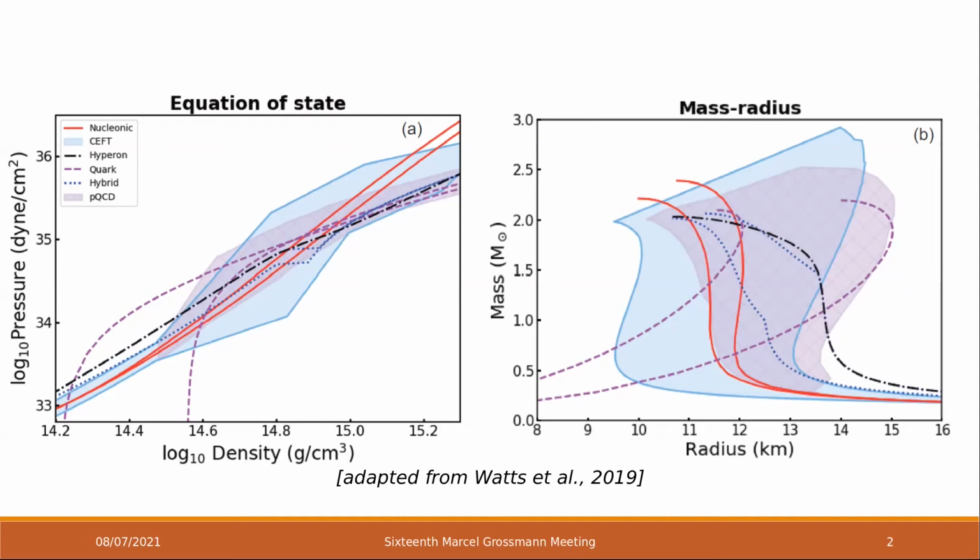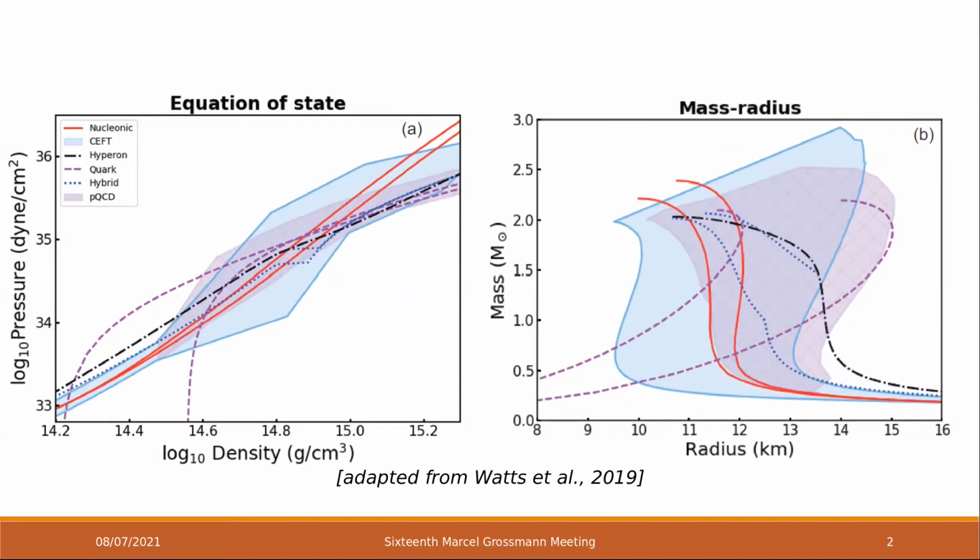Now we have precise measurements of some masses of neutron stars, both in binary and isolated systems. But radii, as of now, are still a little bit more elusive, with precisions that are no better than 10% in most cases.